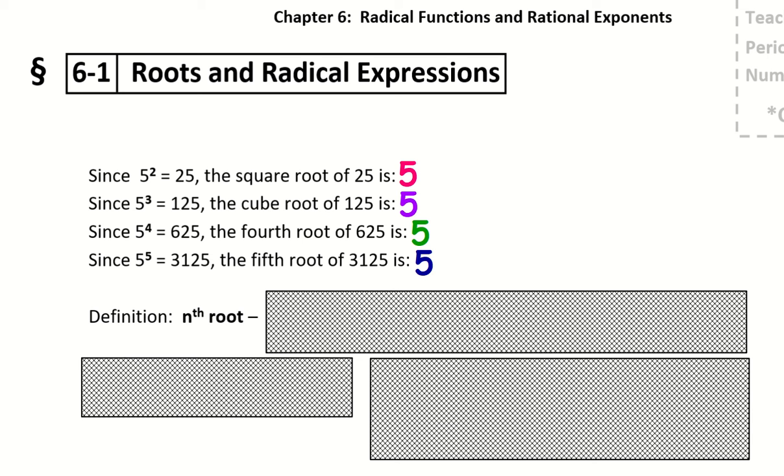Another classic example would be the cube root of 8, or the third root of 8, which would be 2, because 2 to the third power equals 8. So in this section and a lot of this chapter, we're just taking square roots to the next level. If you can do a square root, you should be able to do a third root or a fourth root or a fifth root.